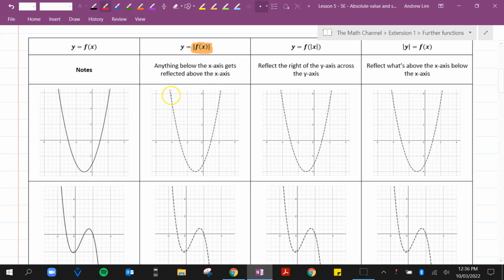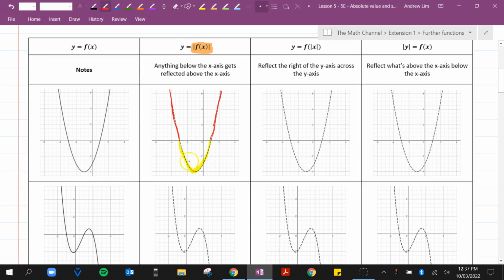So all of this will stay the same, and all of this will stay the same, because when we take the absolute value of those positive y values, it's going to look exactly the same. But this bit down here is going to be reflected above the x-axis. It's going to become the positive version.